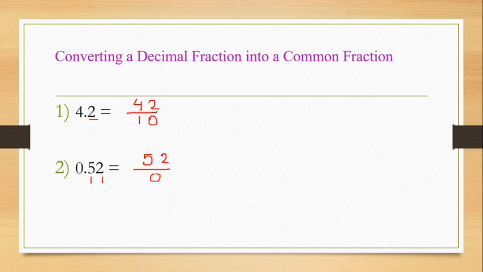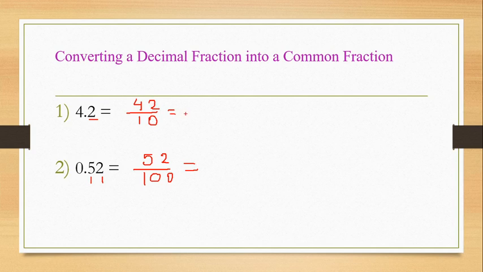So we will take 2 zeros, and we will write 1 here. So 52 upon 100. Now children, instead of simply writing this as your answer, we have to bring the answer to the simplest form. What is exactly the simplest form? Break it down, find the division, and bring it to the smallest number.